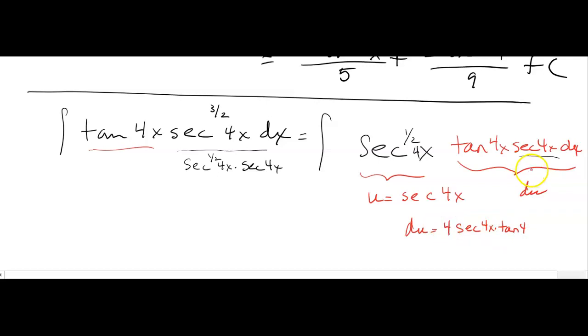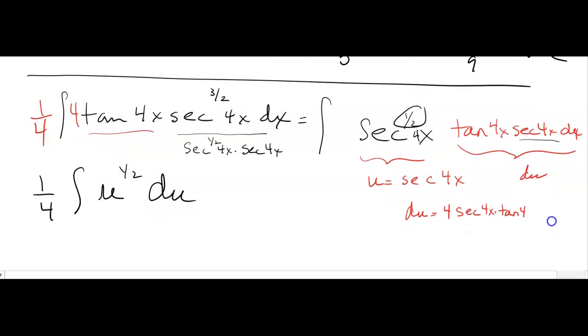So I almost have the whole thing. The only thing I'm missing is a 4, which I can compensate by putting a 1/4 on the outside. And in doing that, I have 1/4 integral of u to the 1/2, don't forget the 1/2, du.